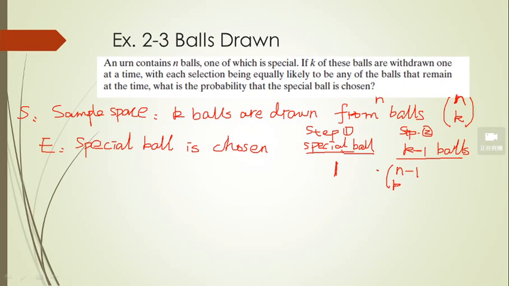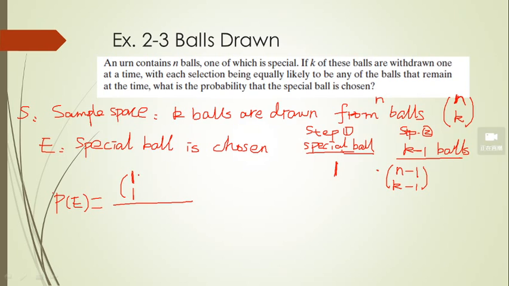And then we choose k-1 out of the total. So that will be 1 choose 1 times n-1 choose k-1, right? So here the probability of event E will be the outcomes in event E, where the special ball is chosen.